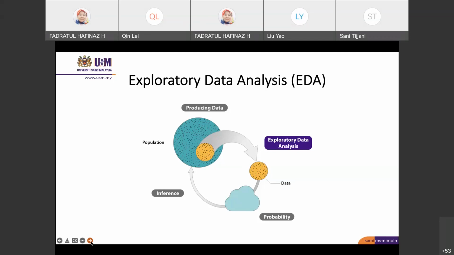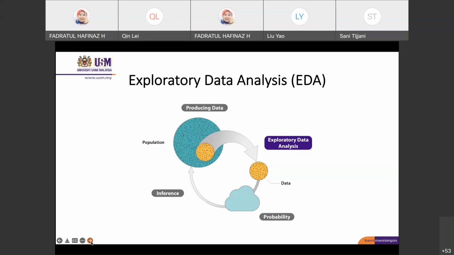In this stage of EDA, we also look for missing values in your data set. Then you need to think about how you are going to deal with the issue of missing values. We need to solve this problem before we use the data set.